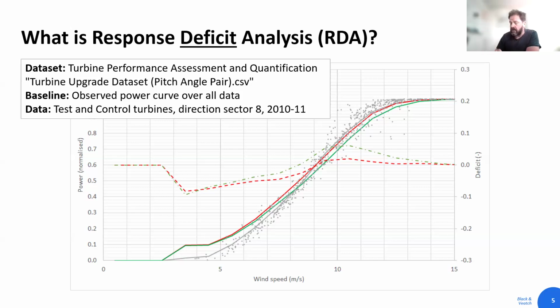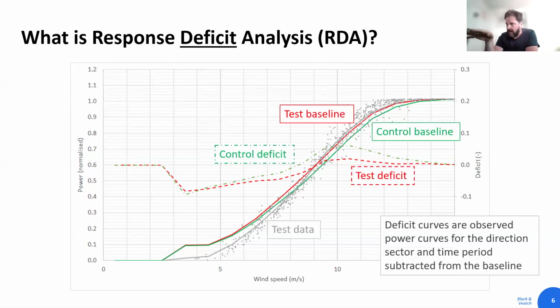And I get these results. The grey dots are the test turbine data. The solid green line is the baseline for the control turbine. The solid red line is the baseline for the test turbine. When, for that month, I subtract the observed power curve for the test turbine for that wind direction sector and that month from the baseline, I get that dashed red line.